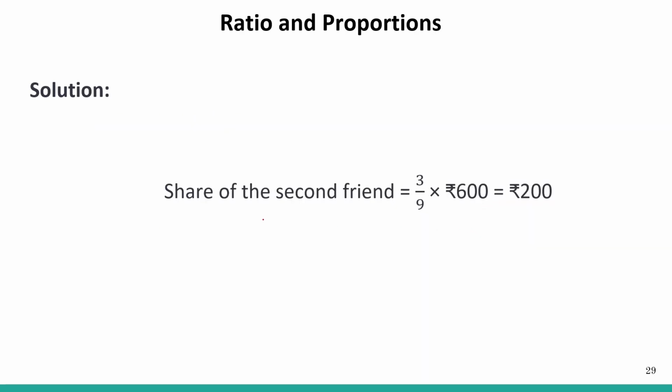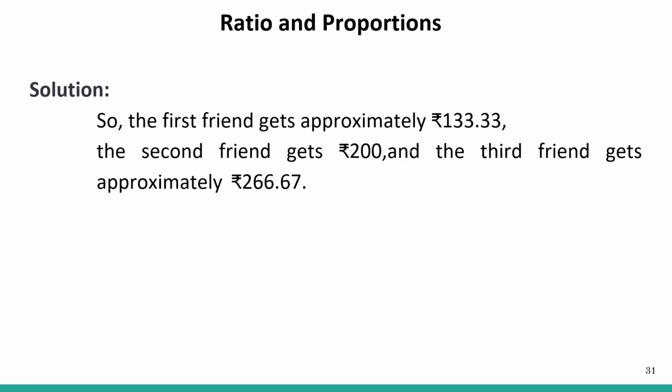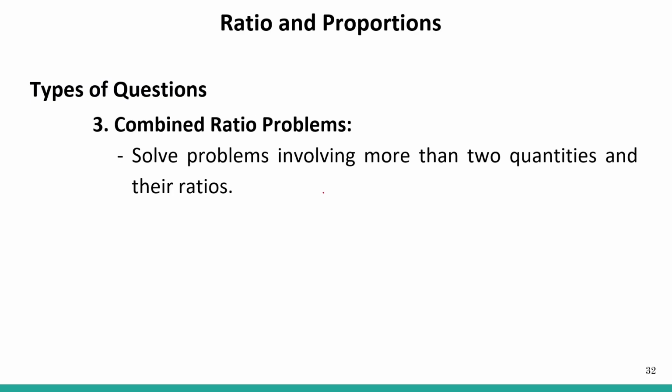The share for the second friend will be 3 by 9 into 600, that is 200. The share of the third friend will be 4 by 9 into 600, which is 266.67. So the first gets approximately 133.33, the second gets 200, and the third gets approximately 266.67.